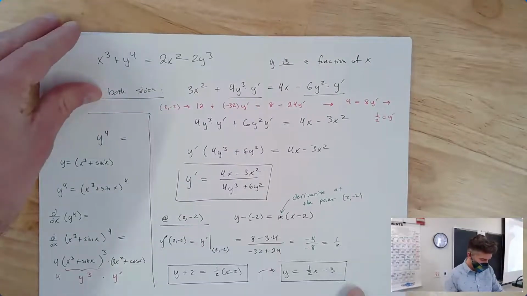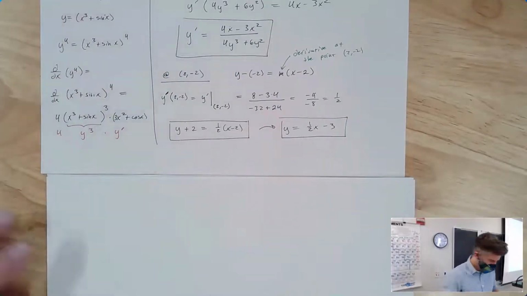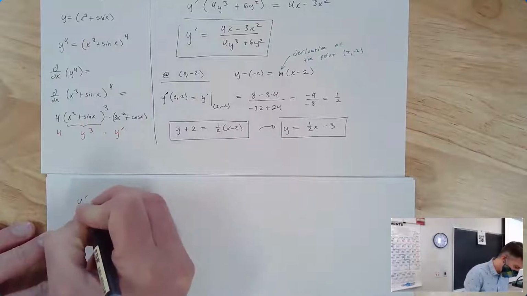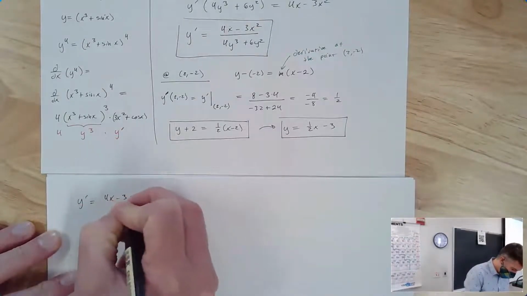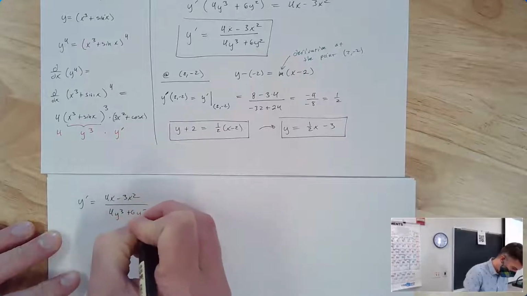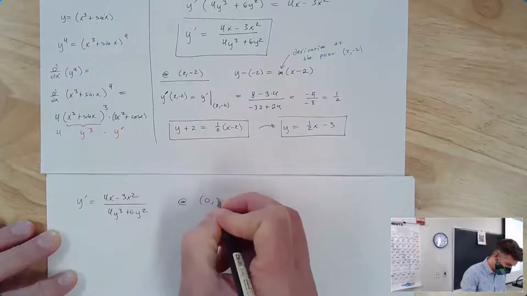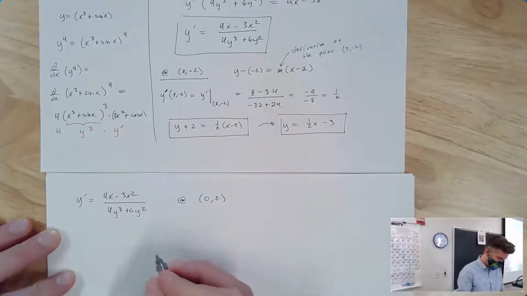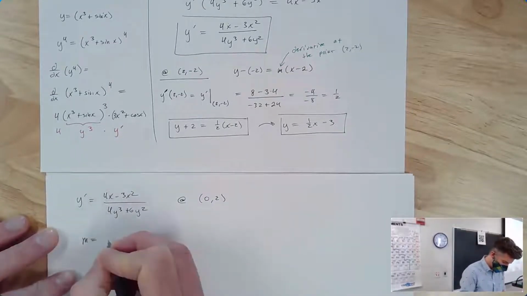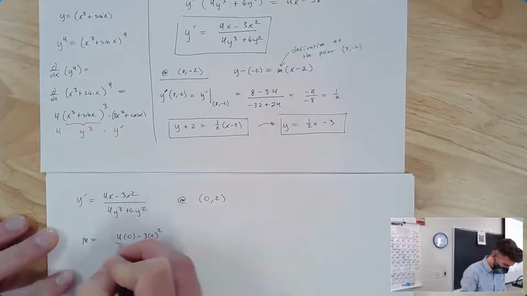Let's go ahead and find the other two lines, which are actually going to be pretty easy. Well, maybe. So here's our derivative again. And now let's look at the point (0, 2). If I plug that in, the slope is going to equal 4 times 0 minus 3 times 0 over 4 times something.